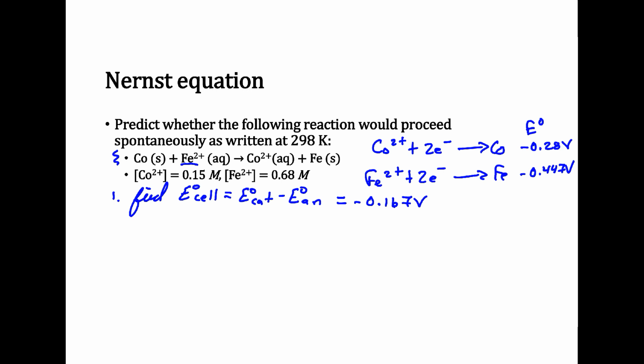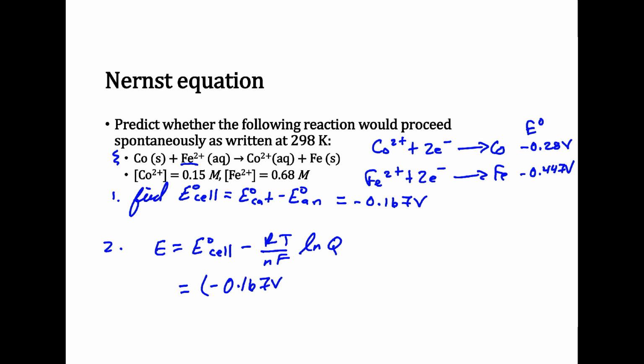And now we're ready to go ahead and plug into the Nernst equation to figure out, with the effective concentration and temperature, is this process now spontaneous? So E cell equals E standard cell minus RT over NF times the natural log of Q. And so now we can plug in: E standard cell is equal to negative 0.167 volts minus 0.0257 volts over how many moles of electrons are being transferred?